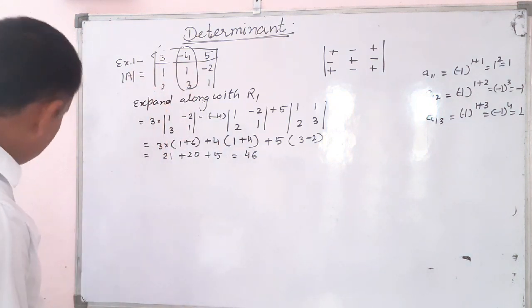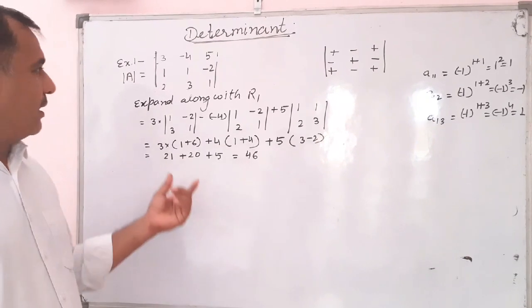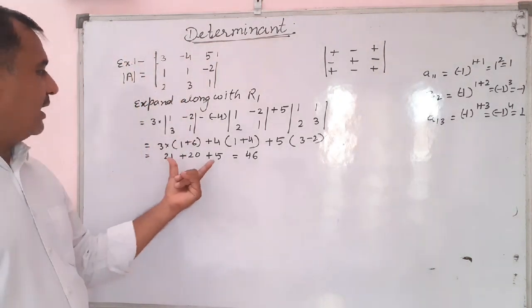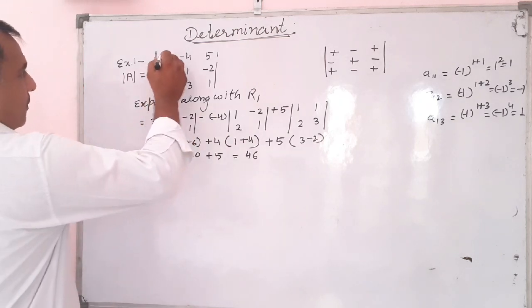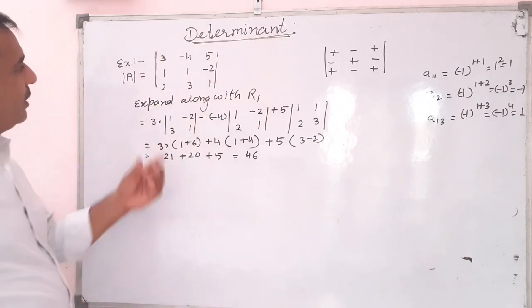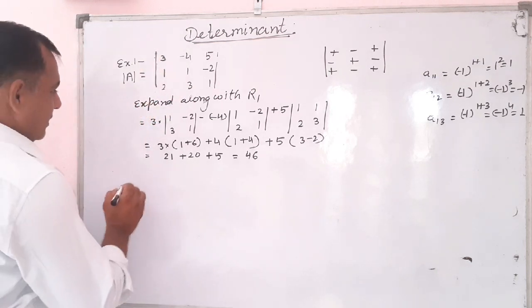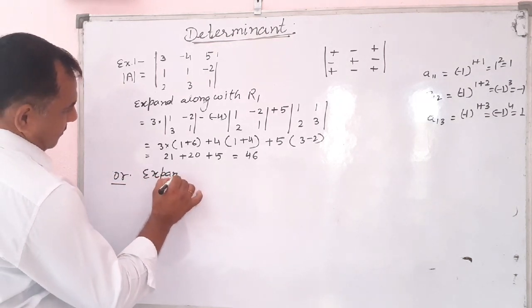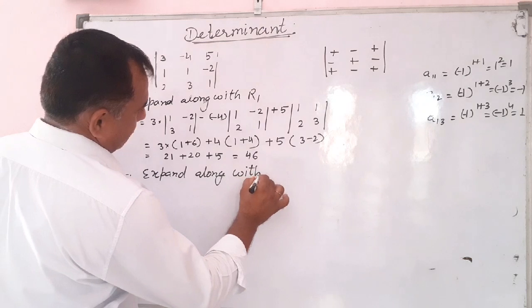We can expand along any row or column. We can expand any determinant along any row or column, and the value of the determinant is the same. Now we try with column number 1, C1, and expand along C1.